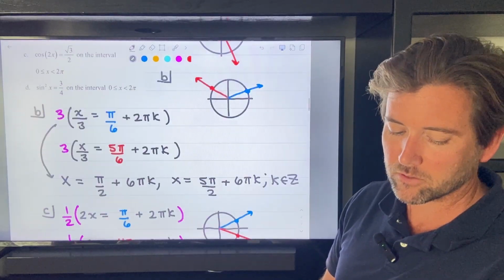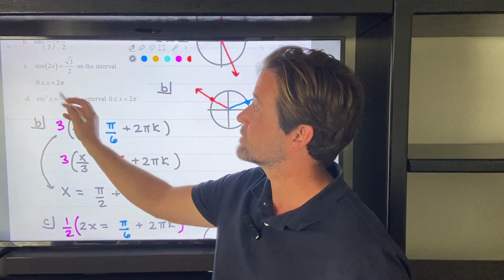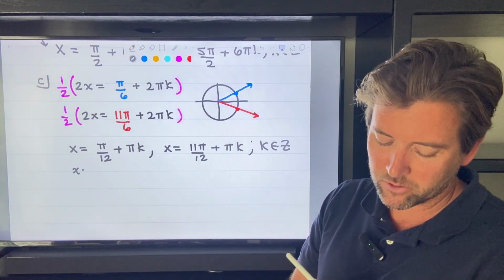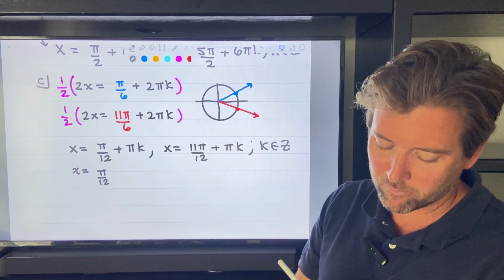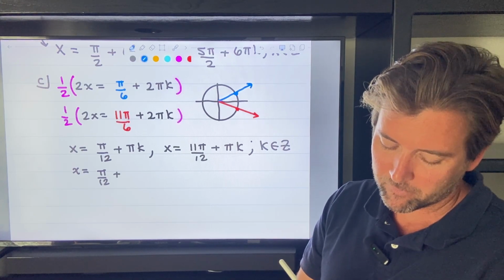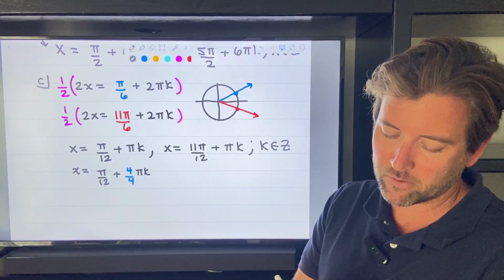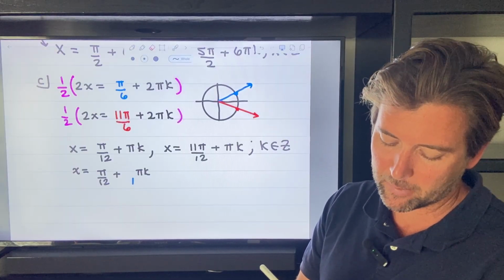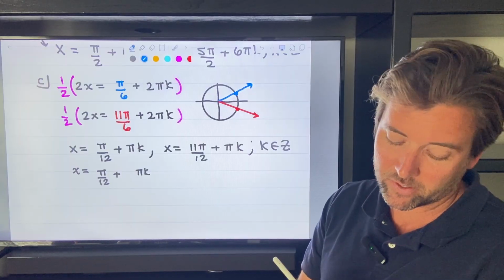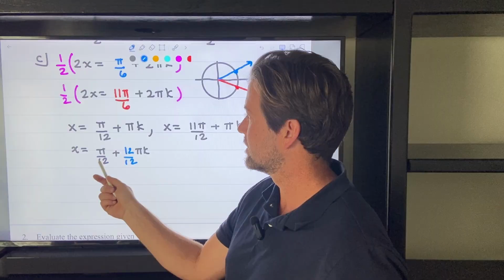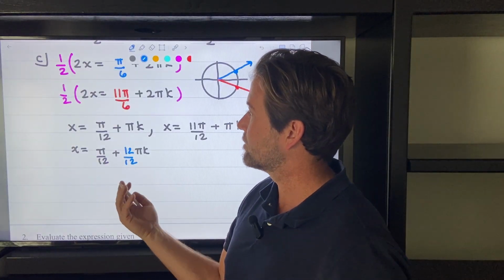Now the directions want us to solve on the interval from 0 to 2 pi. So I'm just going to rewrite this equation real quick. This is pi over 12 plus 4/4 pi k. Whoops, I actually want to make that 12/12 pi k. What I had was true, but my goal is to combine these values here, and I need a common denominator.